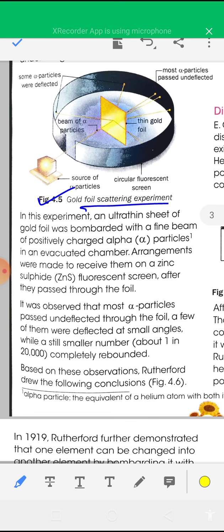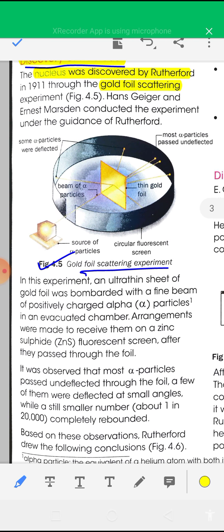In this experiment, an ultra thin sheet of gold foil was bombarded with a fine beam of positively charged alpha particles.